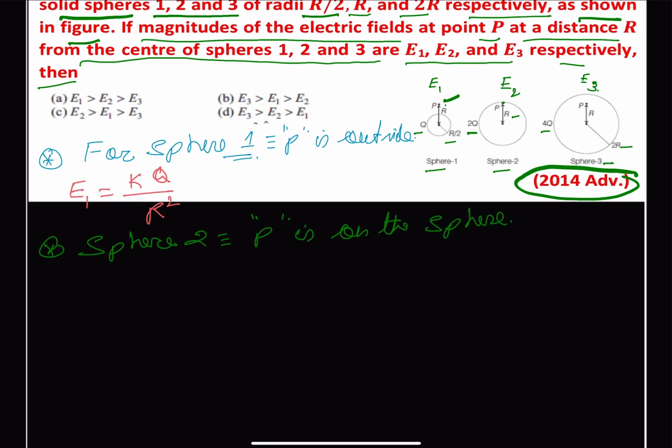Therefore, we get our E2 will be equal to K times 2Q divided by R square. We can simply write it as 2KQ upon R square. That is, this is equation 1, this will be equation 2.